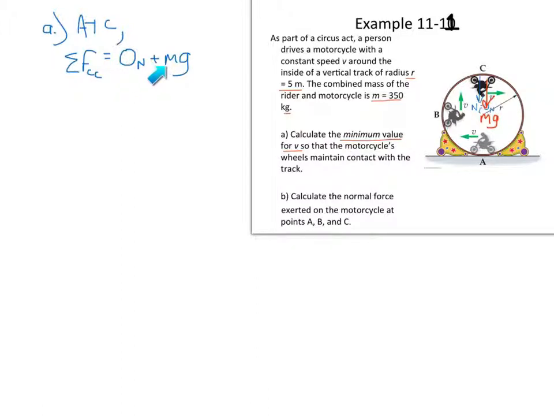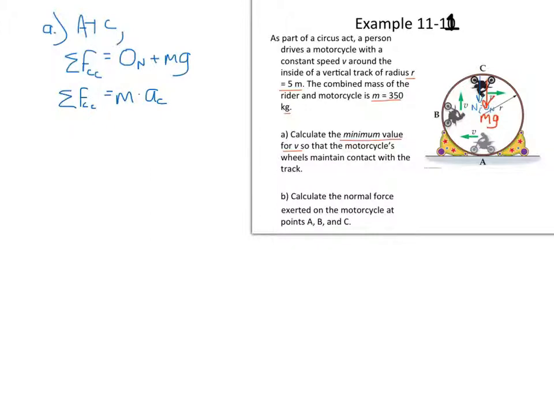Okay, how else can we state the net centripetal force at C? And how can we state that a different way? I say this all the time. We can always state it as being what? Newton's second law, right? m times the centripetal acceleration. All right?